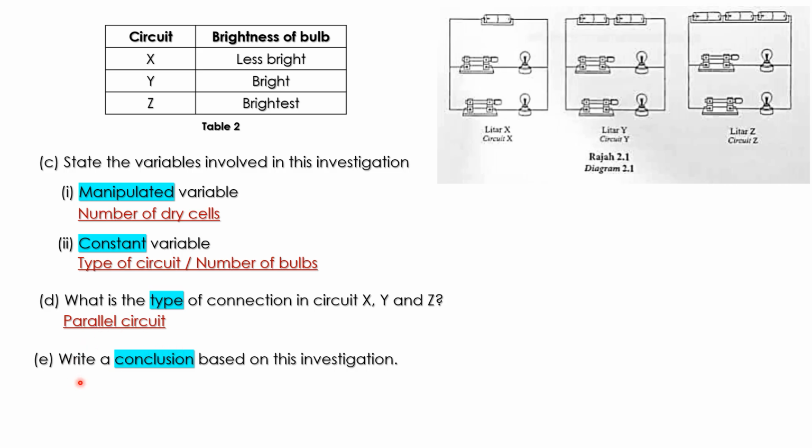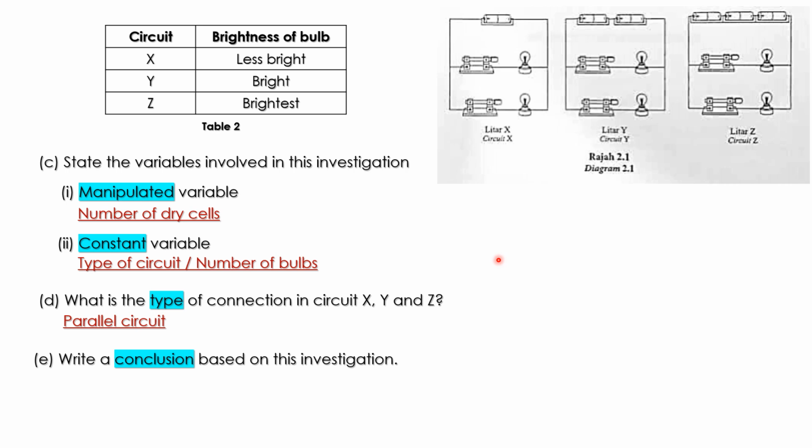And the next one is conclusion. So in science, when they ask you to write a conclusion based on this investigation, they are asking you, what have you learned from this experiment? What did this experiment teach you about the brightness of the bulbs when you increase the number of dry cells? So a conclusion can be answered using the when-and-then statement.